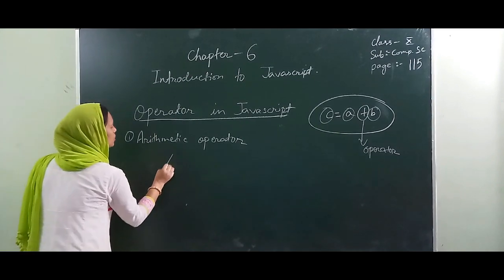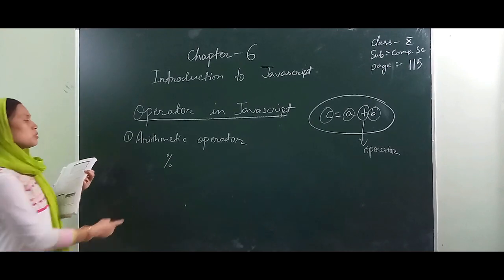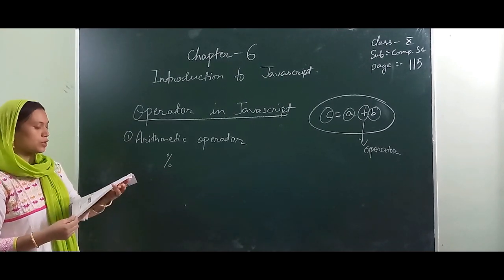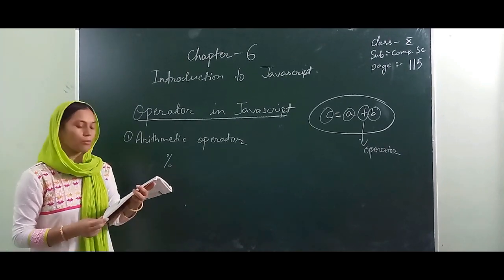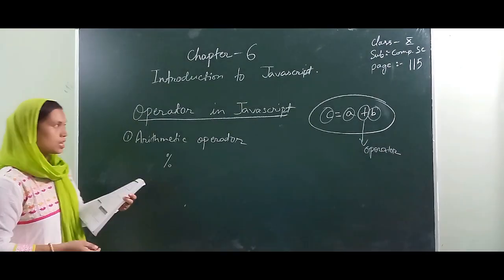Here the symbol of modulus is just like a percentage. In maths we use it for percentage, but here in computer we use it as a modulus operator. The function of the modulus operator is to give the remainder of the expression.